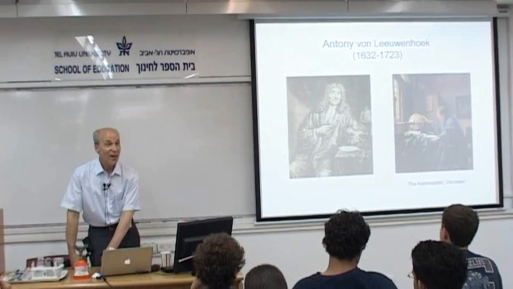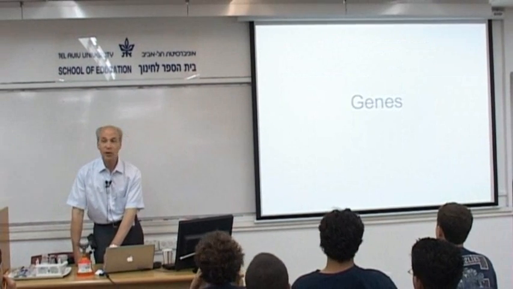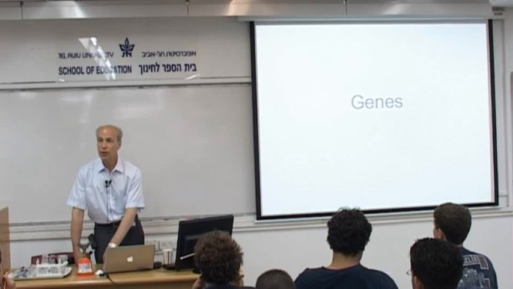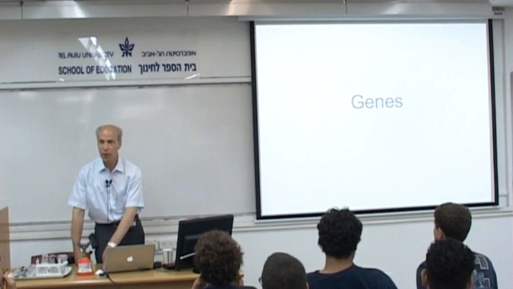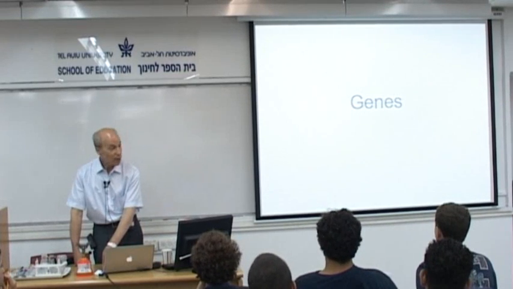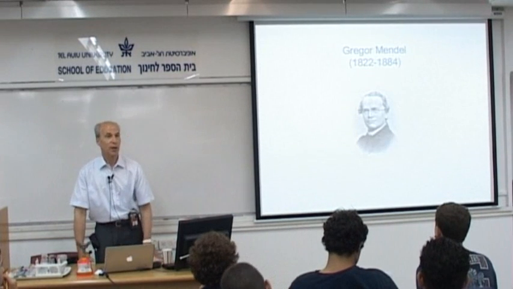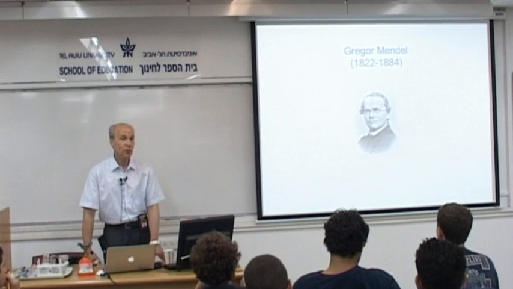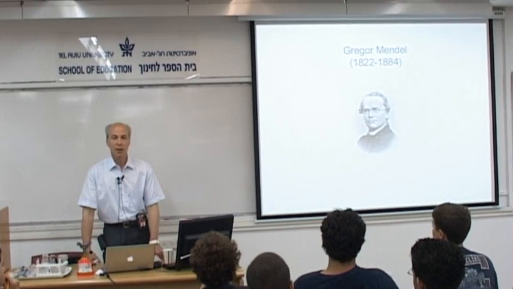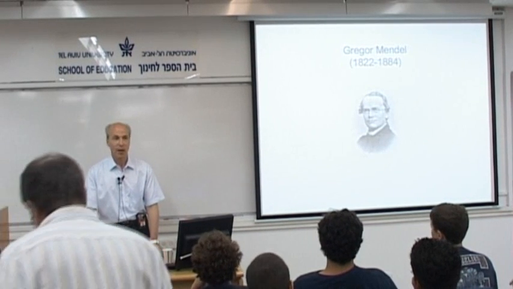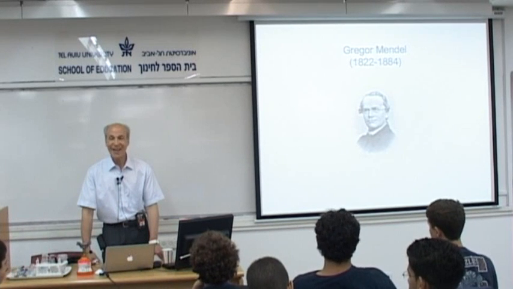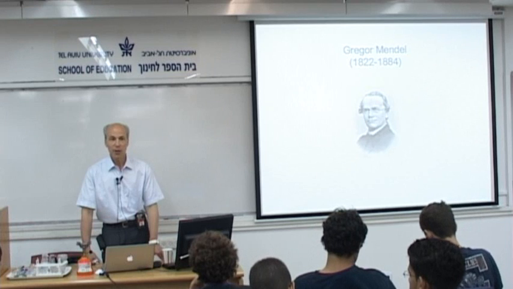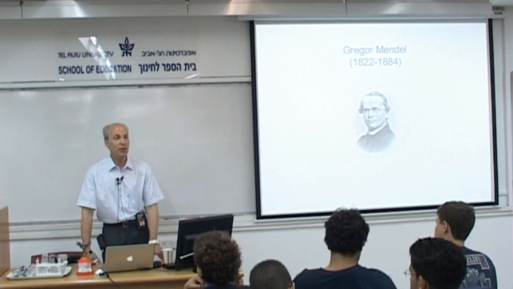Now, the next great idea was, without a doubt, the discovery of genes, and that will form much of the topic of what I have to tell you. And that was due to a high school teacher named Gregor Mendel. He was an Austrian science teacher, and he asked the question whether characteristics can be passed from one living thing to another.